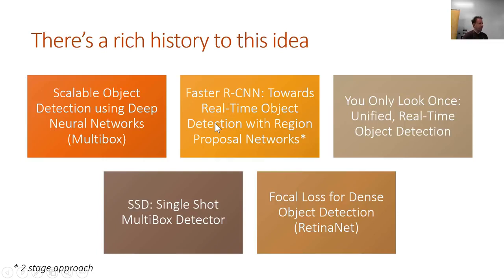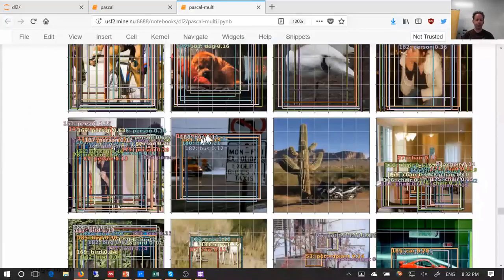At a similar time, these two papers came out, YOLO and SSD. And both of these did something pretty cool, which is they got the same kind of performance as fast RCNN, but with one stage. Okay? They took the multi-box idea and tried to figure out how to deal with this mess of stuff.